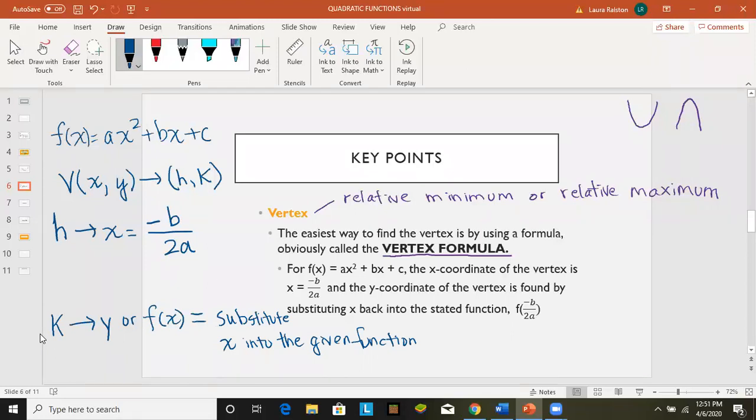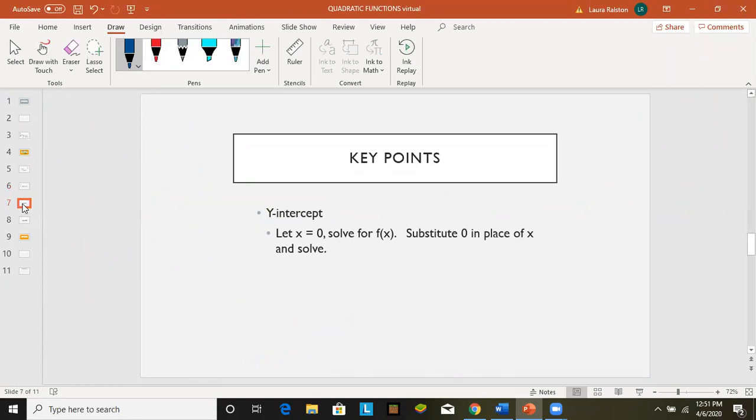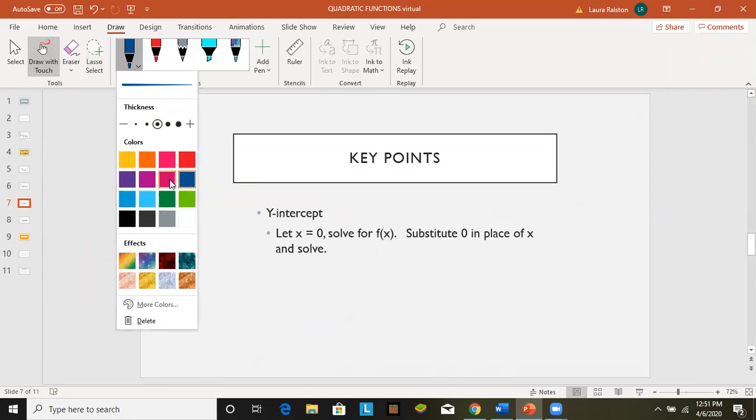The other key points we've talked about before with other functions, but they also include the y-intercept. Where does the equation cross the y-axis? And again, I'll remind you what that would look like.